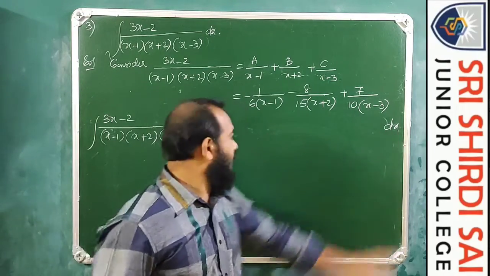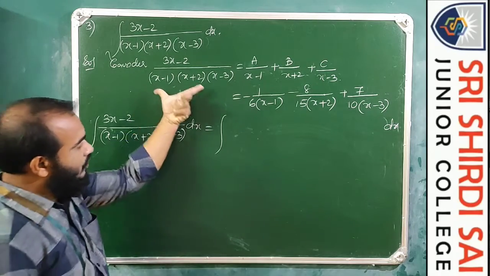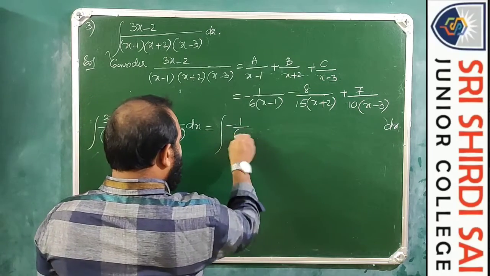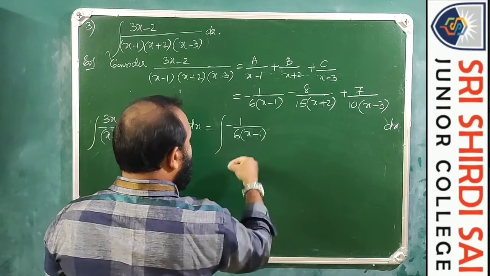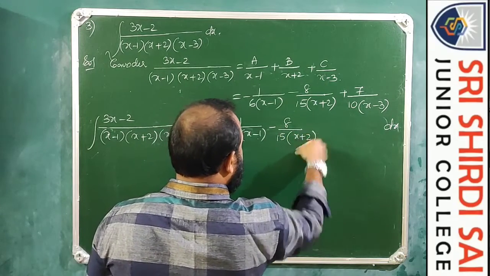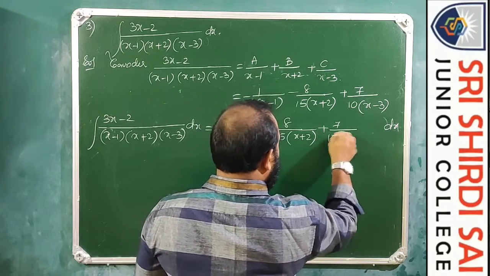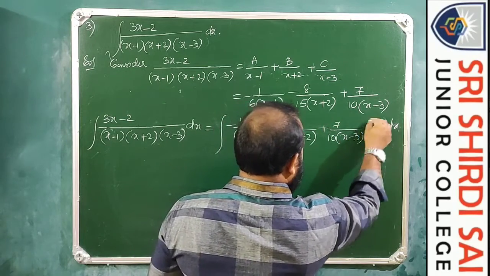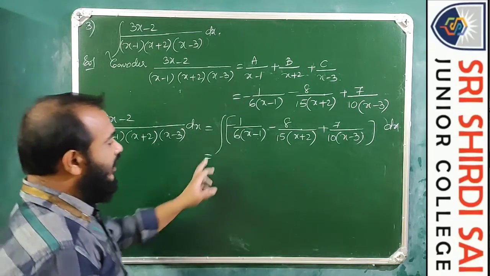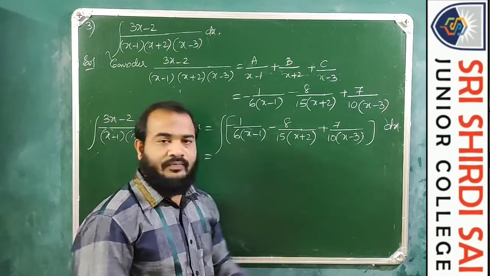I have written the same, and now this value I am replacing with this: integral of minus 1 by 6 into (x minus 1), minus 8 by 15 into (x plus 2), plus 7 by 10 into (x minus 3), whole dx. So this integral is distributed among these three terms.